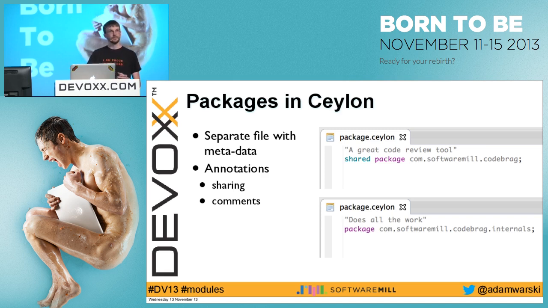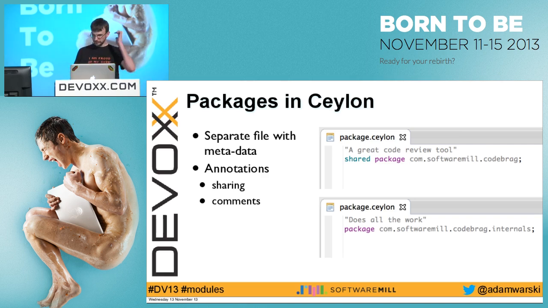Of course, we have to write the package name. But we can also annotate it with the shared keyword. What the shared keyword does is that a shared package will be visible to the clients of the module in which the package sits. And the non-shared package won't be visible, so it will be hidden. So shared is a form of abstraction.